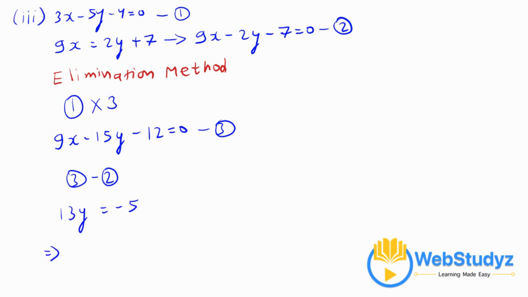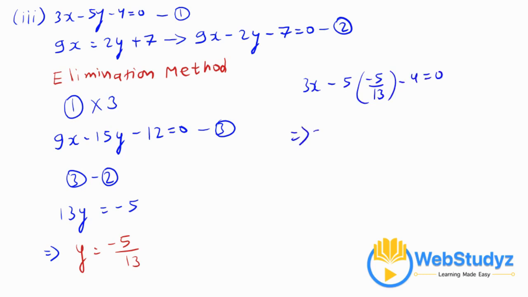So from here we get the value of y as minus 5 by 13. Now if we put the value of y in the first equation, we get 3x minus 5 into minus 5 by 13 minus 4 equals 0.